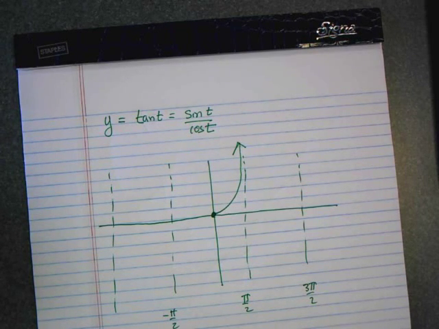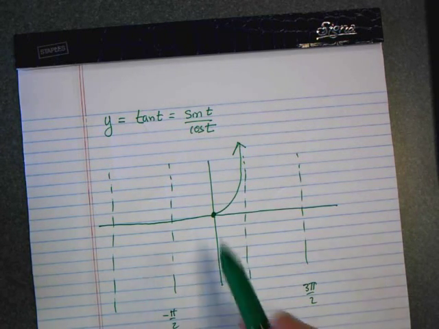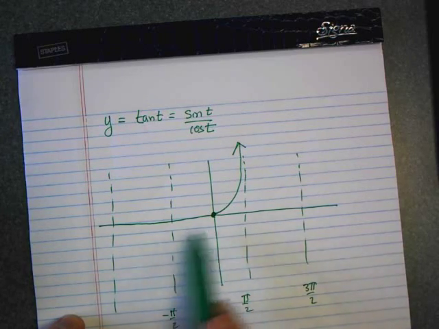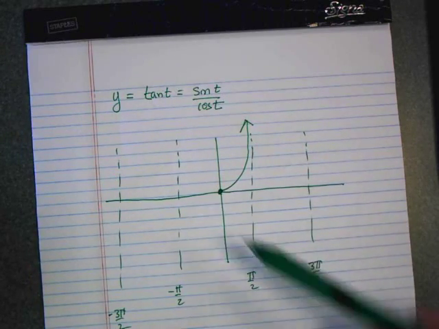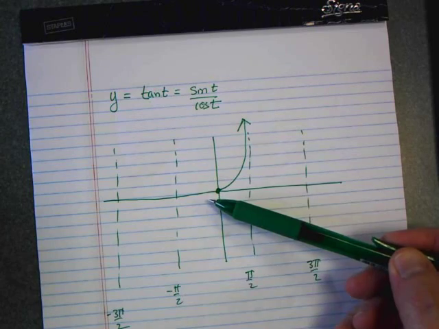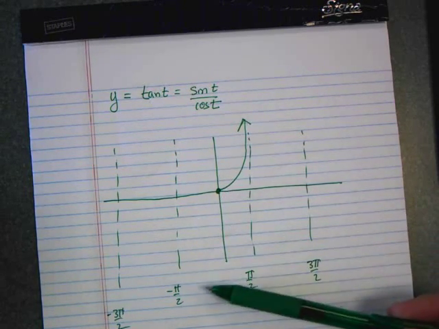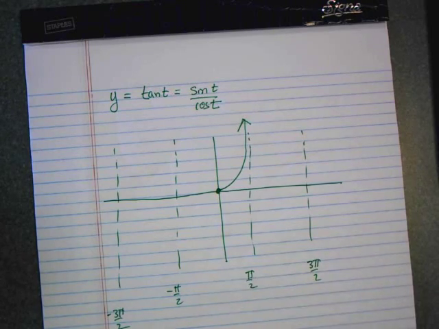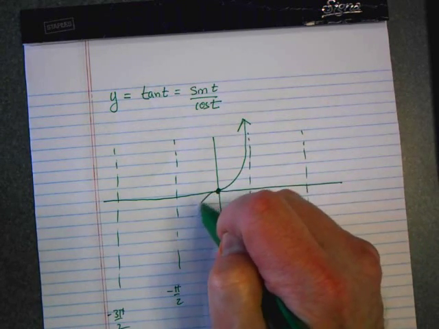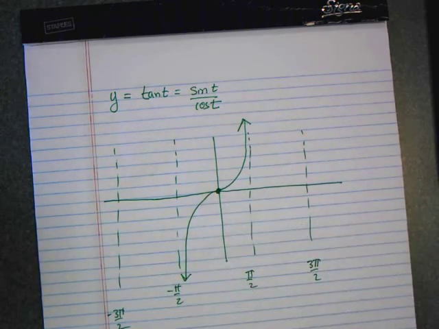Negative. So my values over here are going to be negative. And you can do the same trick. The numbers on top are going to get bigger. The numbers on bottom are going to get smaller, but they're going to be negative. So it's going to do this in that direction. Okay?